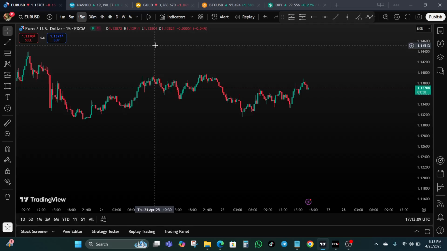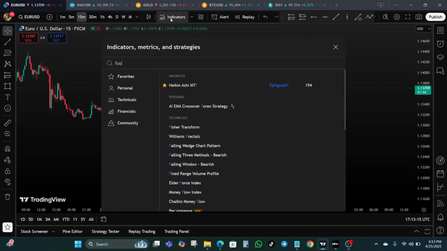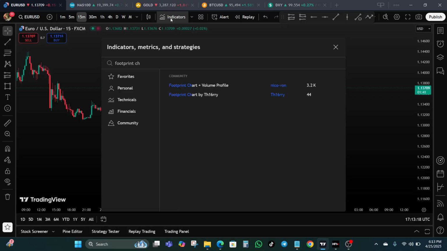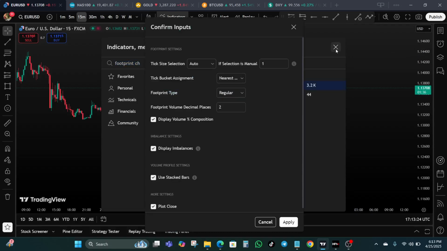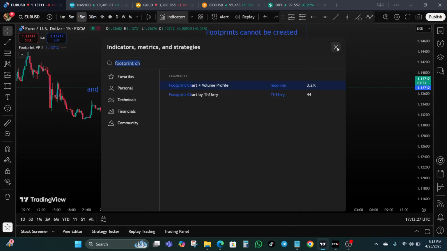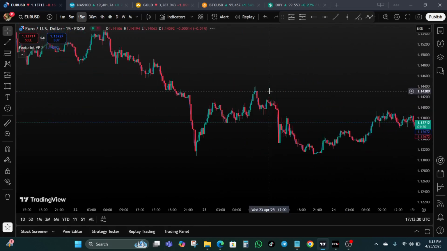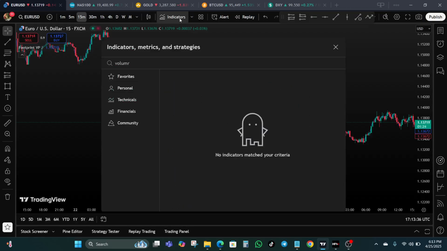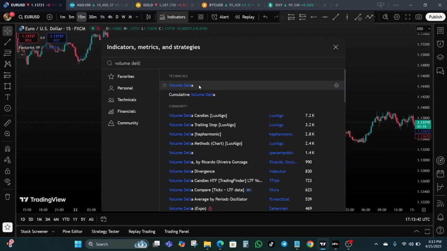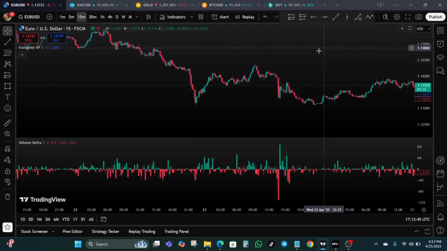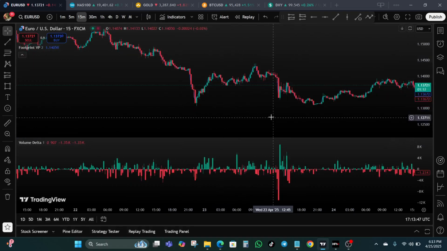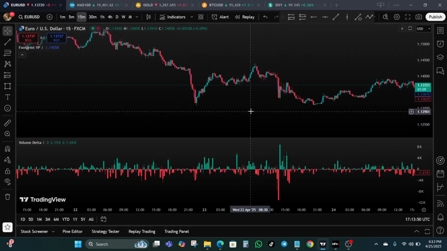So this strategy revolves around tools like the footprint chart, also things like the volume delta, order book imbalances and absorption.